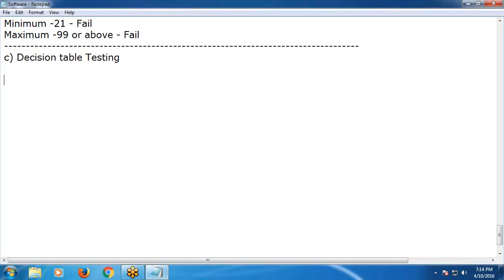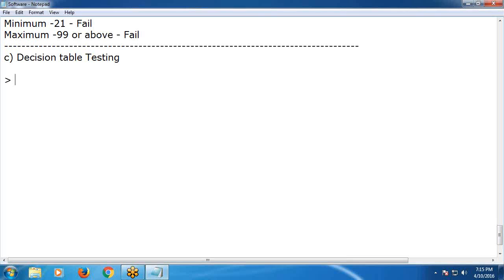The decision tables are a good way to capture system requirements that contain logical conditions. If any logical condition is involved, then we need to take a decision table. I will show the example.